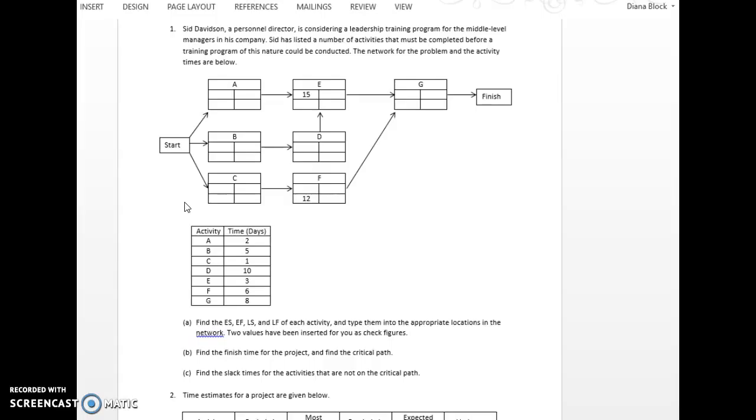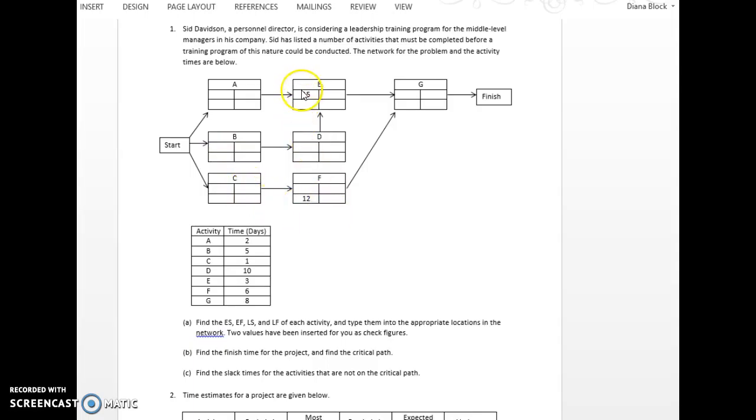Now, how early can you finish it depends on how long the activity takes. So if you look at the table, it tells you how long that activity actually takes. And so the earliest you could finish it, for example A, if you started at day 0, the earliest that you could possibly finish is day 2. And so you'll do that same analysis with activity B and activity C.